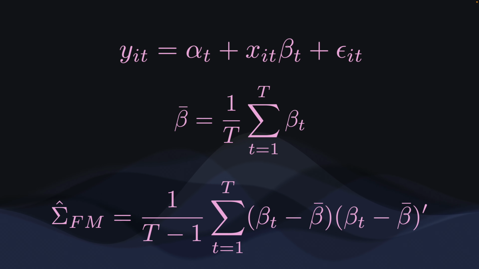In the second step, we average the coefficients beta t over all time periods to provide final estimates. The covariance matrix can then be computed from the variance of the coefficients across time periods.